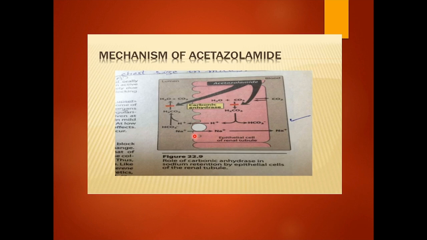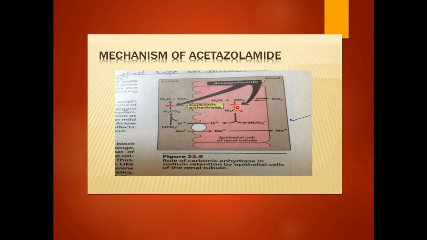Now this category of drugs acts by inhibiting the carbonic anhydrase enzyme. As a result, this reaction will be slowed down, that is, the hydration of carbon dioxide will be slowed down.